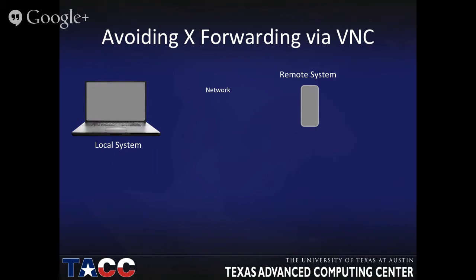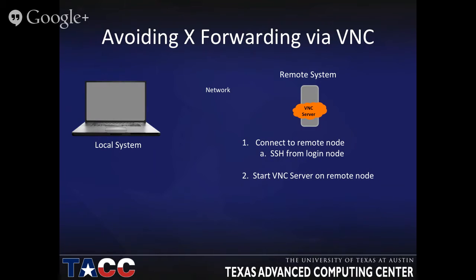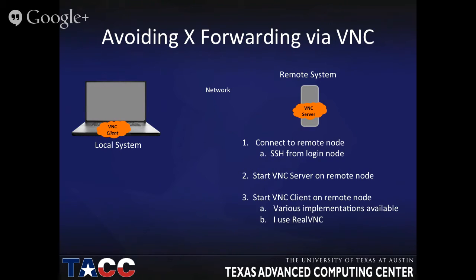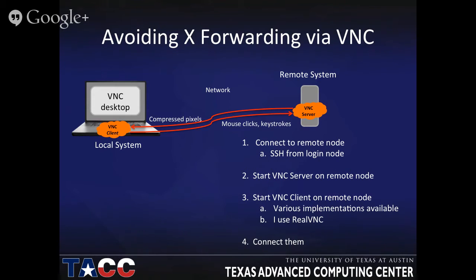The idea of VNC is that you connect from a local system to a remote system. You start a so-called VNC server on the remote node. Then you start a client, a VNC client on your local node, and you connect them. Now you end up with a desktop that shows up on your display, but which is actually running on the remote display.